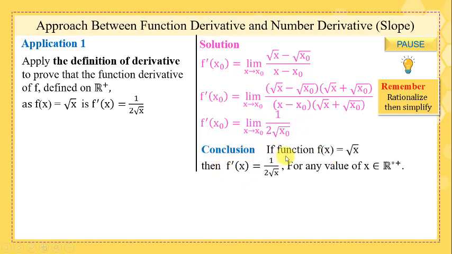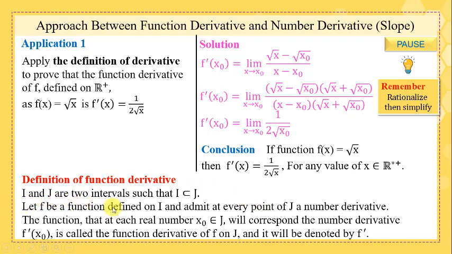So we can now conclude that if the function f of x equal radical x, then its derivative function equal 1 over 2 radical x for any value of x in the domain of function f of x.